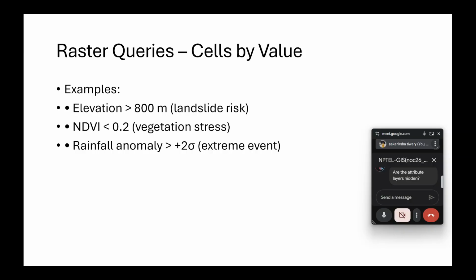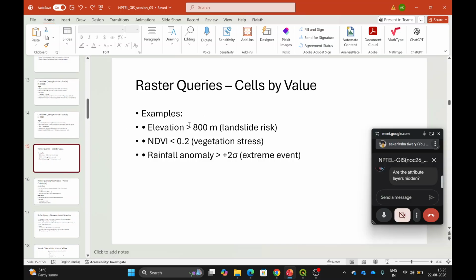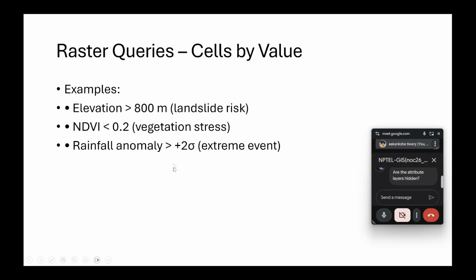Now what you can do, for raster, you can also do querying. So suppose if you add a raster and then you can choose the areas which have elevation greater than 800, and the vegetation index if you have plotted.